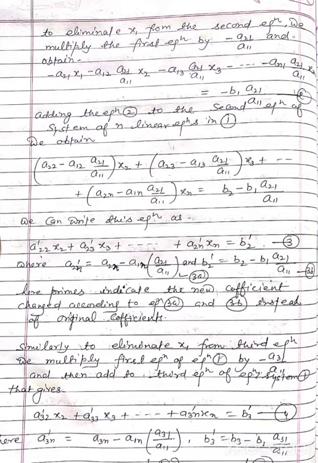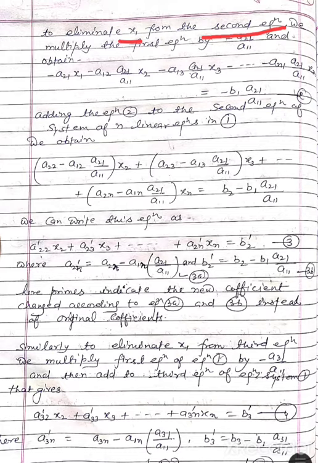First, we eliminate x1 from the second equation, third equation, fourth equation, and from the last equation, the nth equation. So we eliminate x1 from all equations from second to nth.